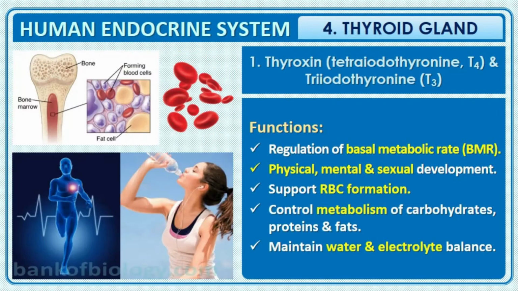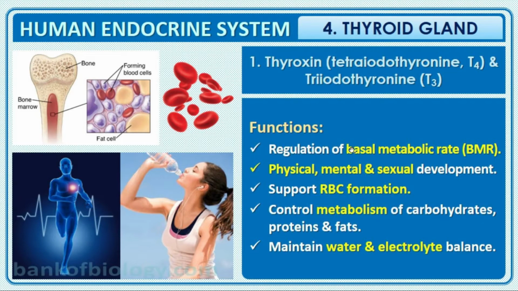Another function is to support RBC formation, the formation of RBC. It controls metabolism of carbohydrates, proteins and fats. It maintains water and electrolyte balance. So now come on, say, what are the functions of the thyroid gland?